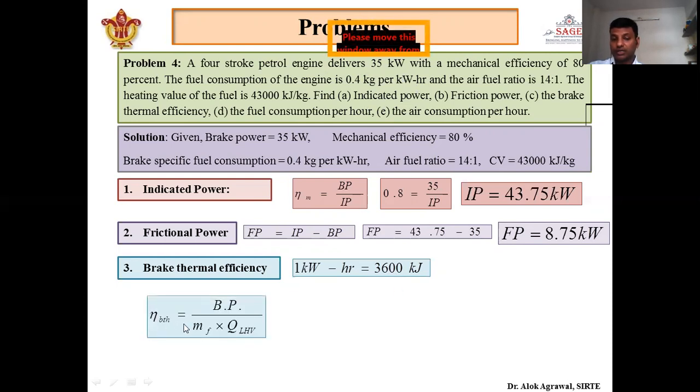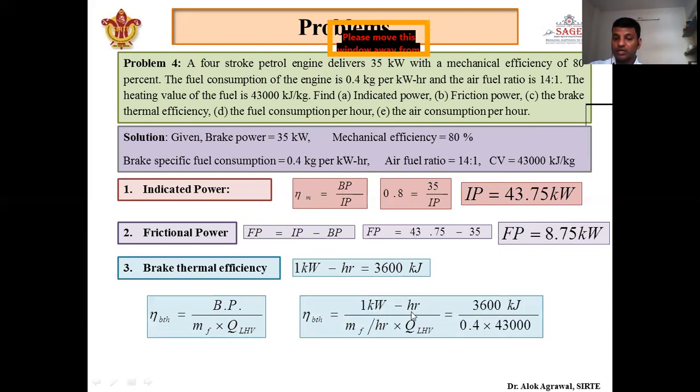So the brake thermal efficiency is brake power upon mf into CV. For keeping mf as 0.4 kg, we have to change our brake power accordingly, to 1 kilowatt hour, that is 3600 kilojoule, over mf per hour, because we are taking power output in terms of hour. So we can take mf also in terms of hour, with no need to convert it to seconds.